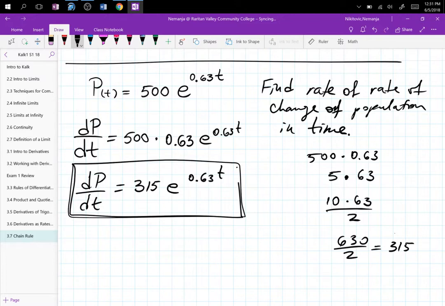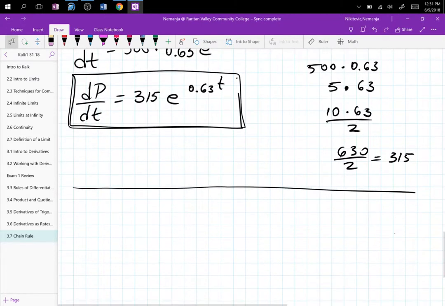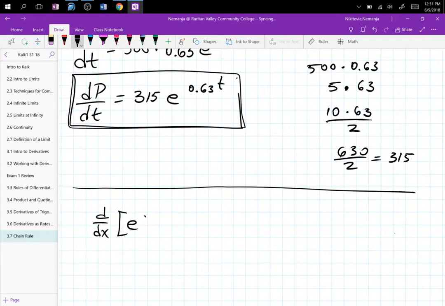Good. So let's explain now these derivatives that you were asked to memorize before, and now we can finally understand why and how. The formula asked you to memorize that the derivative of e to the ax is a e to the ax. Together with this, and explained in the same way, would be the derivative of sine ax or cosine ax or any of these. So what do I have here?